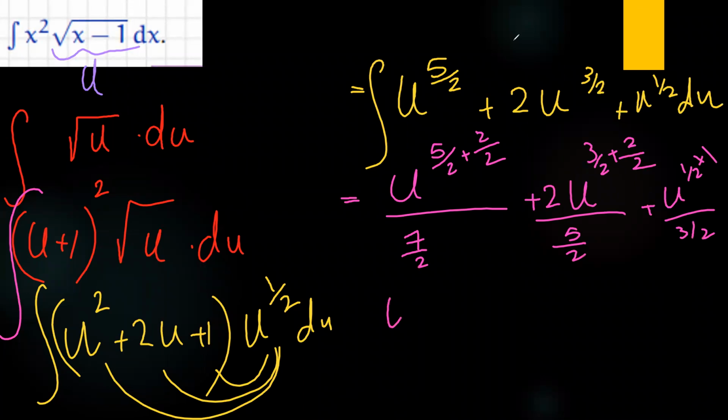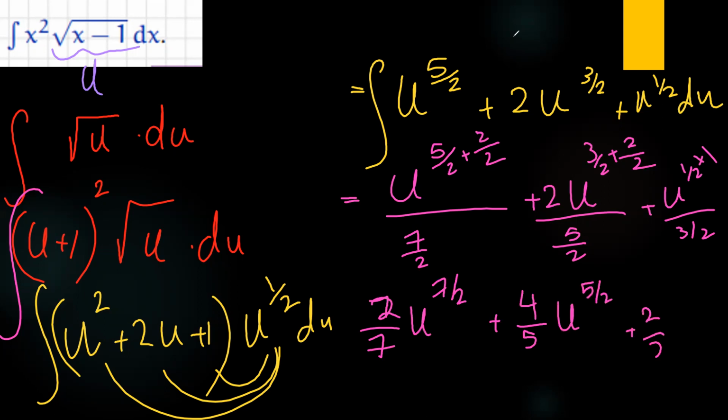So it will be 2 over 7 u to the power 7 over 2, plus 2 over 5 times 2, which is 4 over 5, u to the power 5 over 2, plus 2 over 3 u to the power 3 over 2.